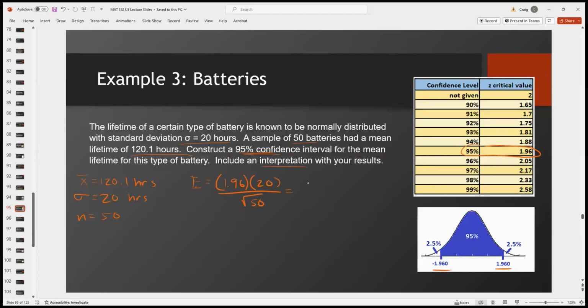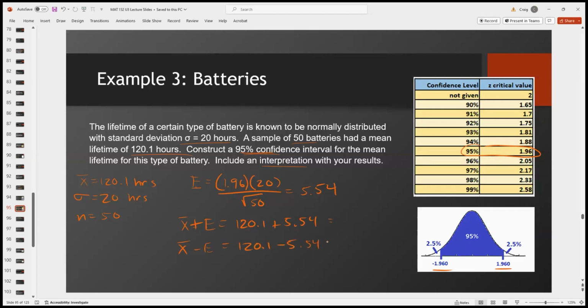And so 1.96 times 20 divided by the square root of 50, and you should get 5.54 as your margin of error. To then find the confidence interval, we just add and subtract that from our sample mean. So plus margin of error, 120.1 plus 5.54, 120.1 minus 5.54.